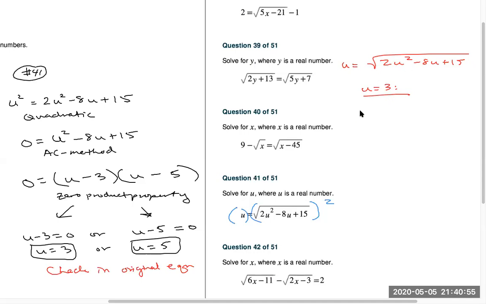That's going to give me 3 on the right-hand side. So when I plug in 3 here, I get 3, and the left side is 3, so this one does check out. When u equals 5, the left side will be 5. Let's check what we get on the right side. We get 5. So they both work in this case.